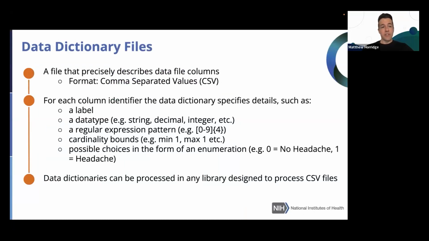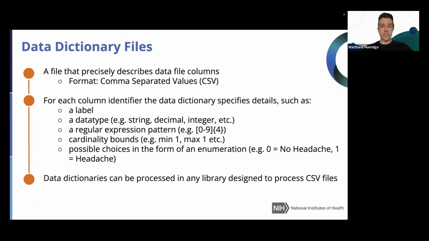For tabular data files, we provide additional metadata in the form of data dictionaries, and these provide precise descriptions of the data contained in columns of the tables that are represented by the data files. So these descriptions include things like labels, data type information, pattern specifications, cardinality bounds, and ontology terms that provide semantic descriptions of column contents.